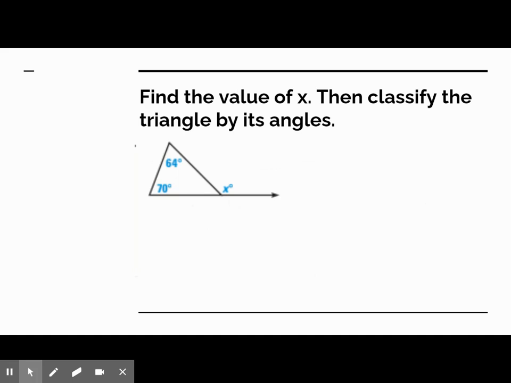Here we go. Find the value of x, then classify the triangle by its angles.